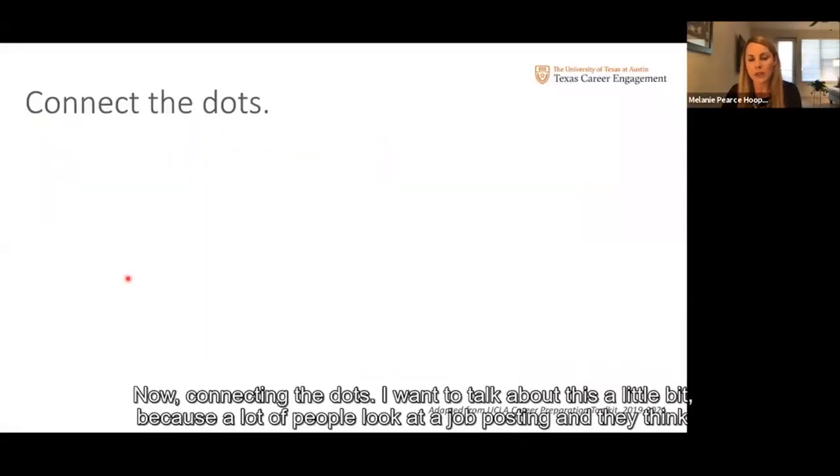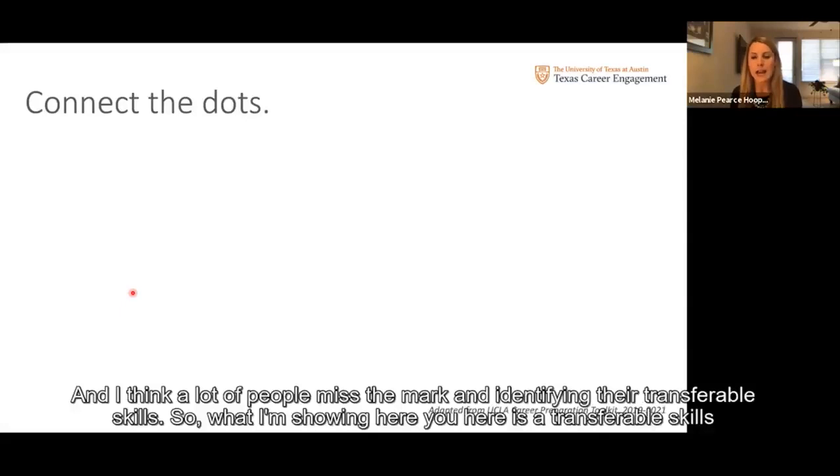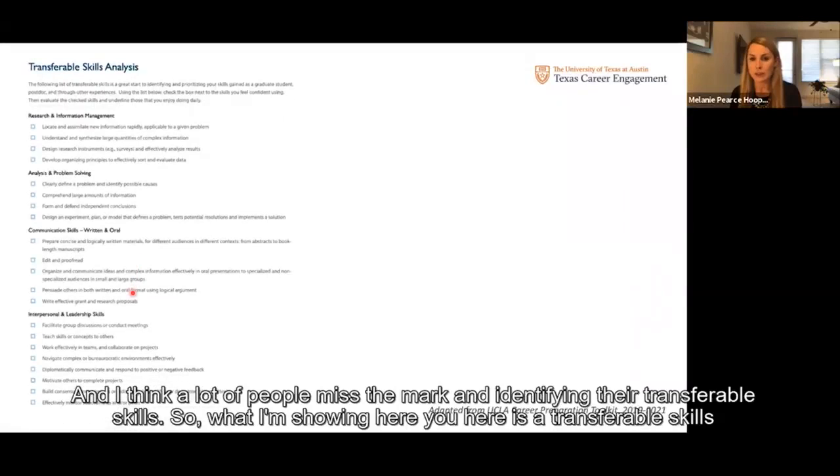I want to talk about this a little bit because a lot of people look at a job posting and they think, oh, I don't know that I'm qualified for this position. I don't meet all of these specifications and qualifications that they're looking for. And I think a lot of people miss the mark in identifying their transferable skills.